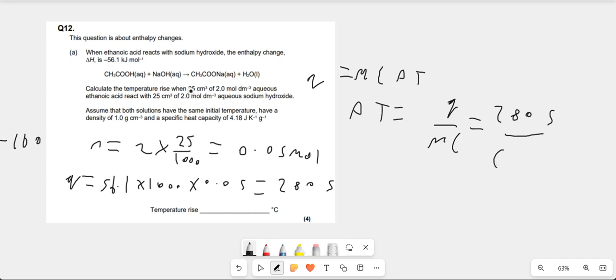I told you cm³ is the same as grams. So 25 plus 25 is 50, times c, which is 4.18. That gives you ΔT, which is 13.4. That's the temperature rise.